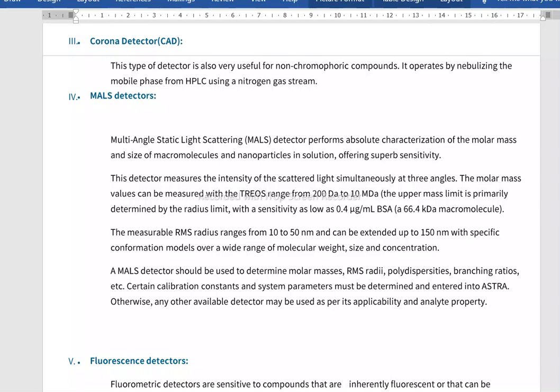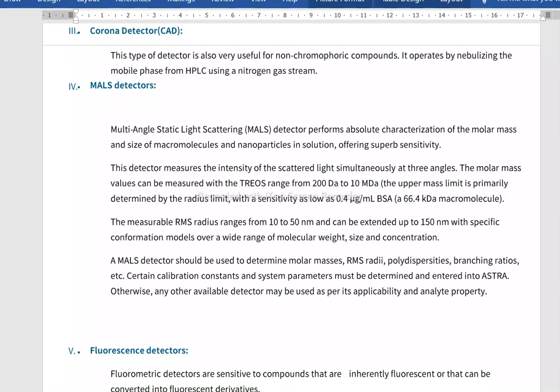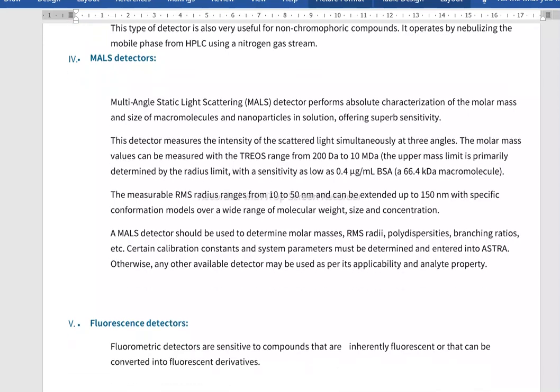A mass detector should be used to determine molar masses, RMS radii, polydispersities, branching ratios, etc. Certain calibration constants and system parameters must be determined and entered in the software. Otherwise, any other available detector may be used as per the applicability and analyte properties.